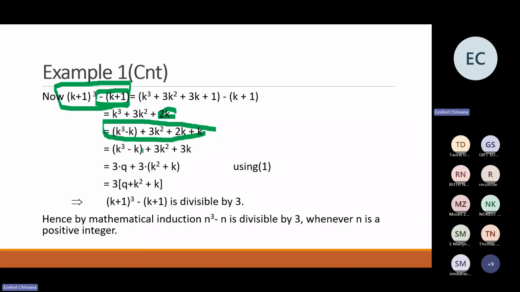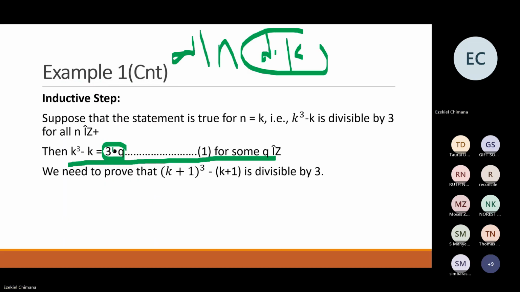After doing that, you can add these two things and you end up having 3k squared plus 3k. Before you factor out, you can substitute this one. Remember, we have added this k and subtracted a k here, so that we can end up having something of this form: k cubed minus k.